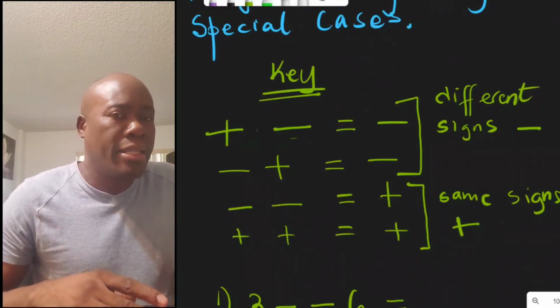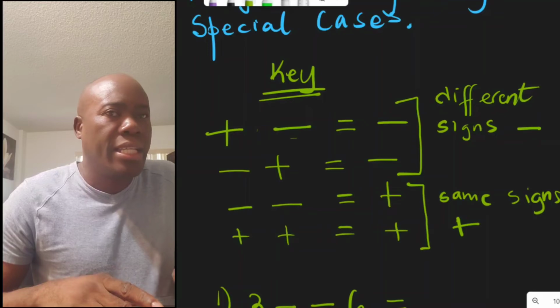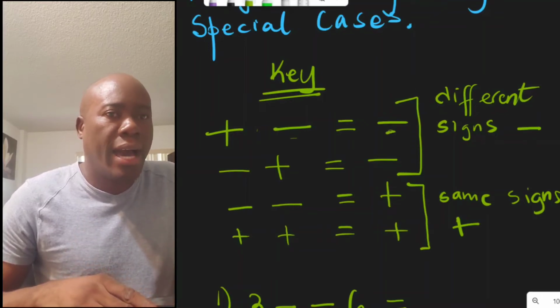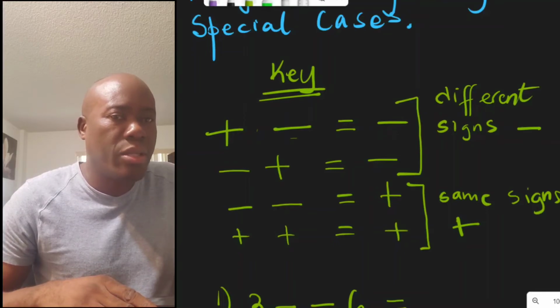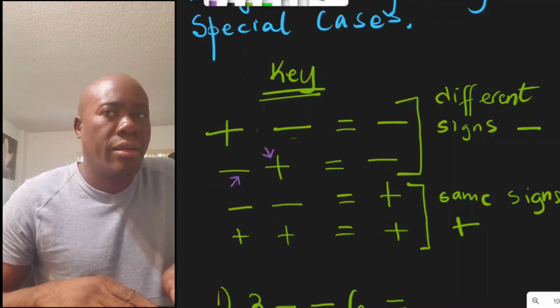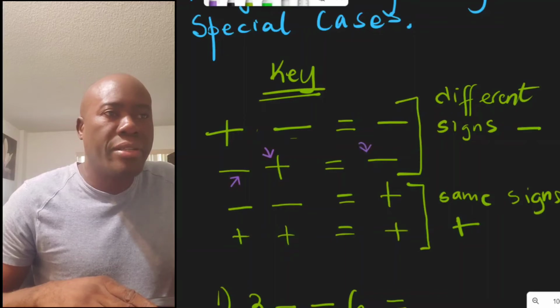So a plus and a minus beside each other with nothing between them, the result will be a negative, or a minus if you want to say. And when we have a minus and a plus beside each other with nothing between them, we will still end up with a minus at the end. The idea is that when we have two different signs, we'll end up with a negative.